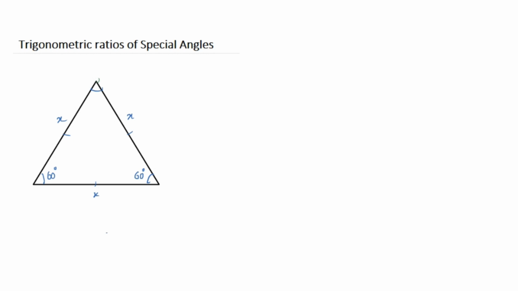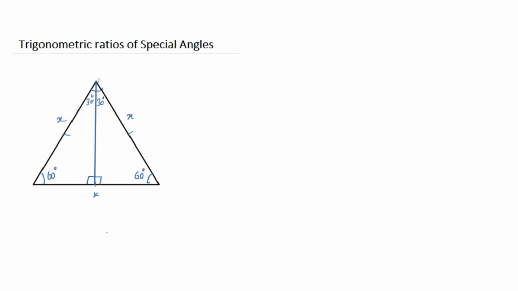Now let me drop a perpendicular from the top vertex to the base. So if this is a perpendicular, we know that this angle is going to be 90 degrees and this angle is going to be 90 degrees. Now we can prove that these two triangles are congruent, and there are a number of ways to prove that. Since we have got two angles which are equal in both the triangles, obviously the third angle also has to be equal, which is 30 degrees each.